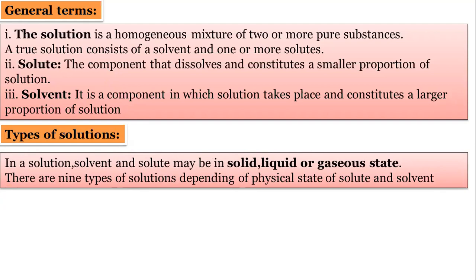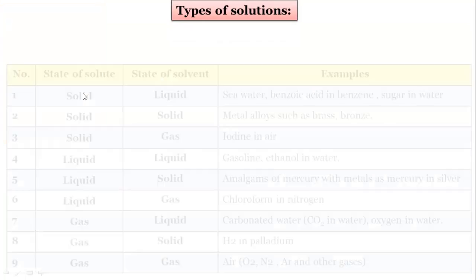We know only solutes are solids and solvents are liquid. But today we will discuss there are liquid solutes also, there are gaseous solutes also, and solvents also solid, solvents also liquid, solvent also gas. So depending upon this, there are 9 types of systems. So we will discuss one by one how these 9 types of systems are included.